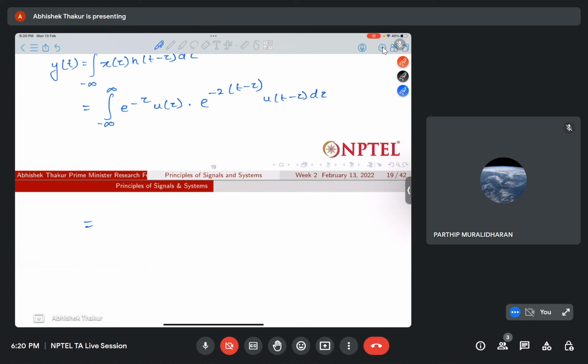So now this integral will be from 0 to t. This is the graph of u(tau), and this is the graph of u(t minus tau).